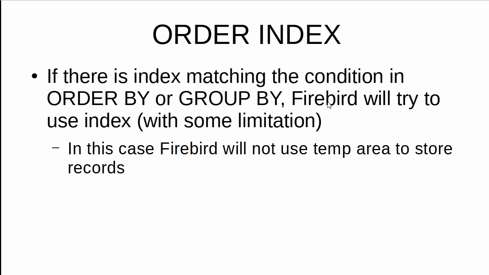And in this case, Firebird will not use temp cache limit. It will not use temp area to store records and do this life cycle of the traditional sort and more advanced refetch plans. However, of course, using the index for ordering, for sorting, has its limitations.